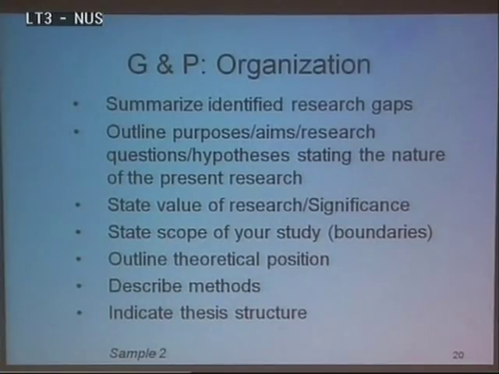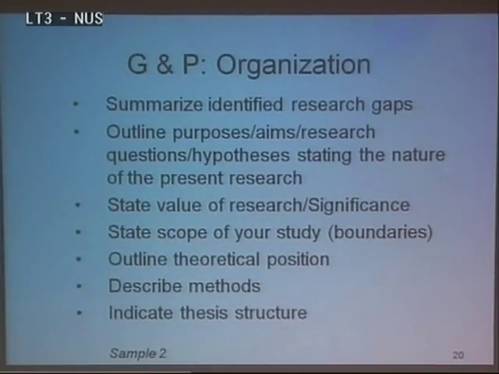So you summarize the gaps for your reader, and following the gaps, of course, will be the purpose of your study, because you've identified these gaps, areas or issues that others have not addressed and that you hope to address in your research. So you state your purpose, your aims, your research questions, your hypotheses, whatever it may be.